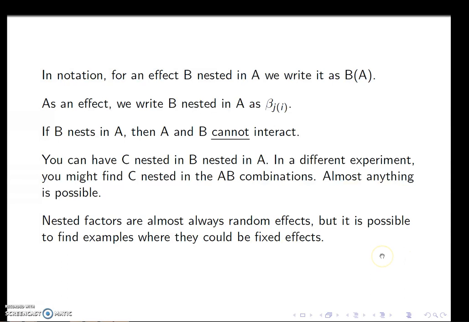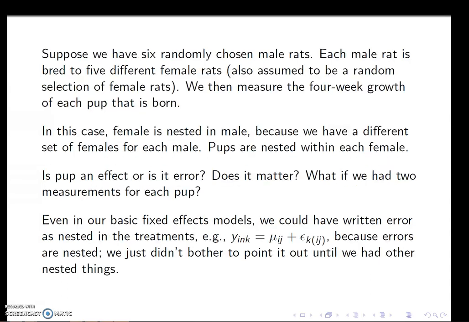Gary agrees with me. There are examples where they could be fixed. I still have a hard time thinking about that. You can tell Gary's also from a Cal College like me, where we have a lot of animal studies. So suppose we have 6 randomly chosen male rats. Each male rat is bred to 5 different female rats, assumed from a random selection of all female rats.